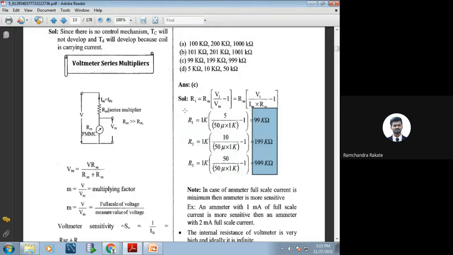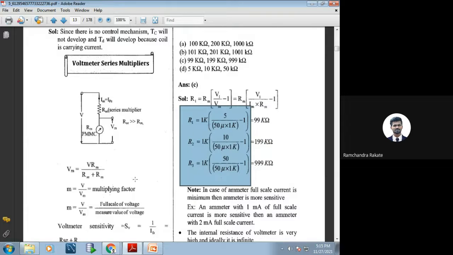You have to try it by yourself and let me know you obtained this value. Okay, and just check. Yes, here in option C we have the same values: 99 kilo, 199, and triple 99.